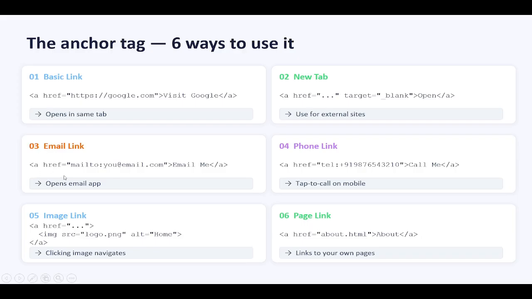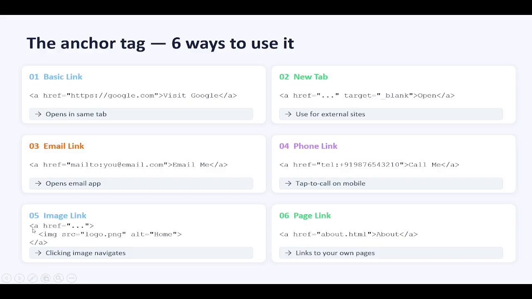Next one is a href, where I'm using mailto and the email ID. Whenever you click on this link, it will open the email app so that you can send messages. Similarly, another one, href equals tel, and then I'm using the mobile number. This will allow you to open the phone call app.